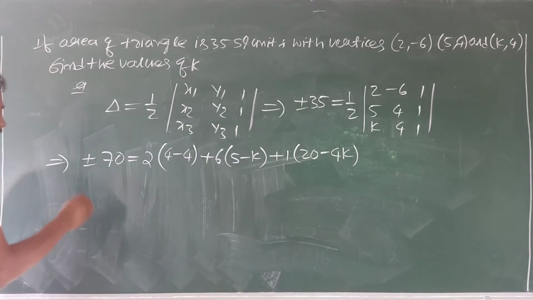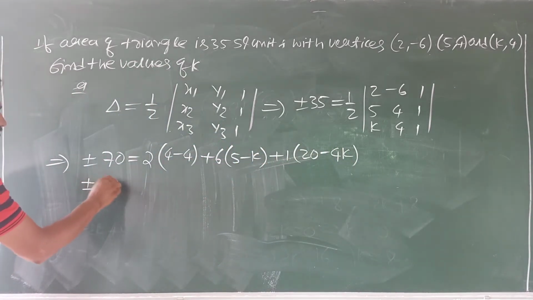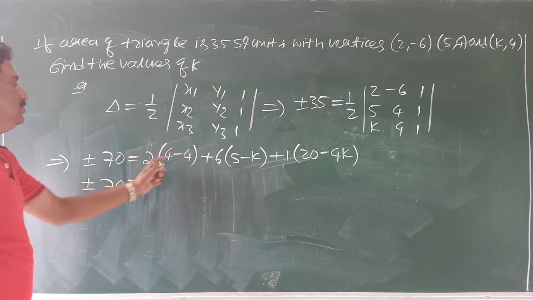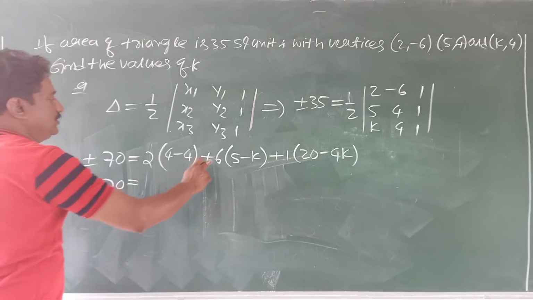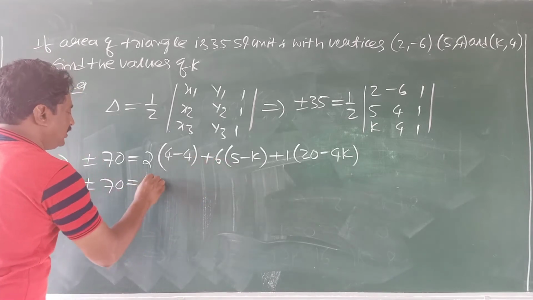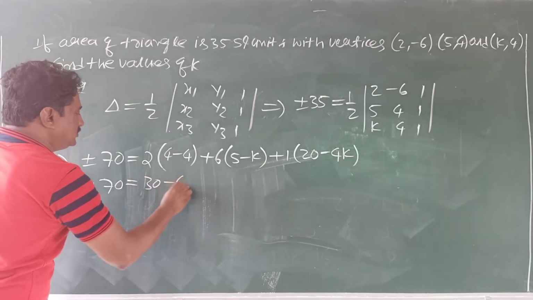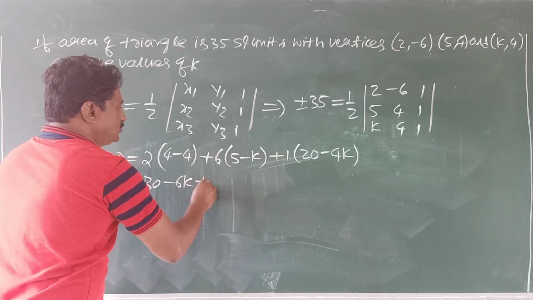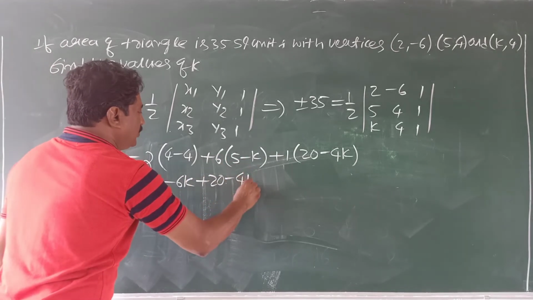Right. Plus or minus 70. This is 0, 4 minus 4 is 0, and everything is 0. So 6 fives are 30 minus 6k. 30 minus 6k plus 20 minus 4k.